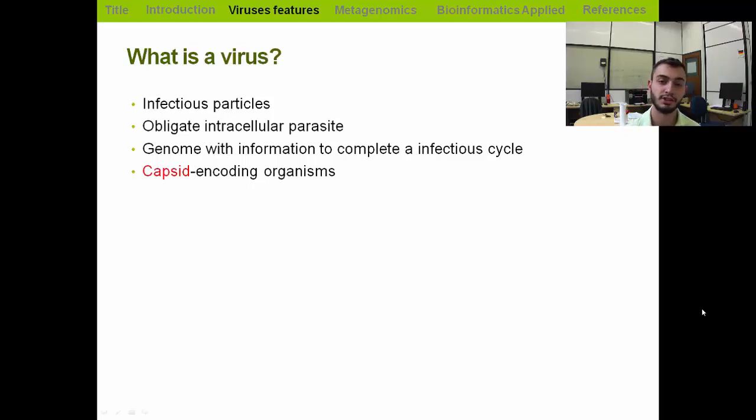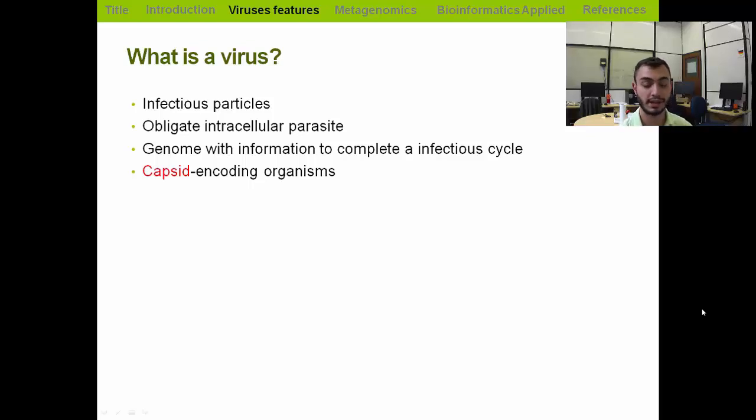Viruses have a genome with the information to complete the infectious cycle, which I'm going to talk about later. And a virus is an organism with a capsid protecting a genetic material, a nucleic acid.